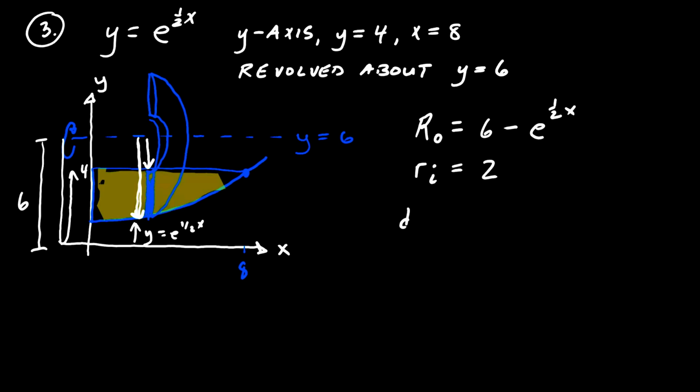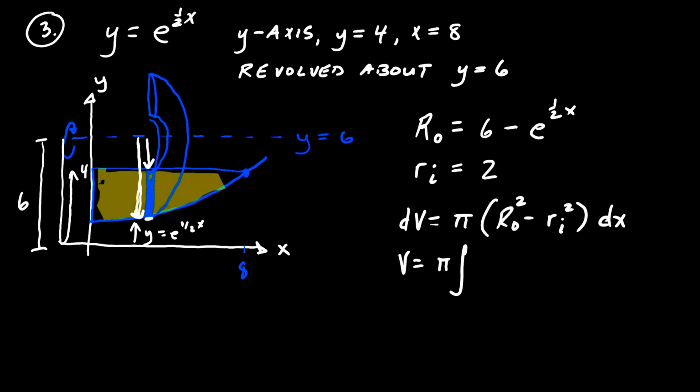So our slice volume will be equal to pi times the outer radius squared minus the inner radius squared times the thickness. And again, the thickness of our slice was perpendicular to the x-axis, so it is dx. So our volume will simply be pi, the integral, and our slices are going across from 0 up until our limit of integration of 8, so we're going to go from 0 to 8.